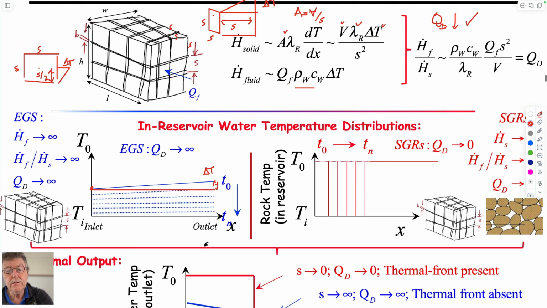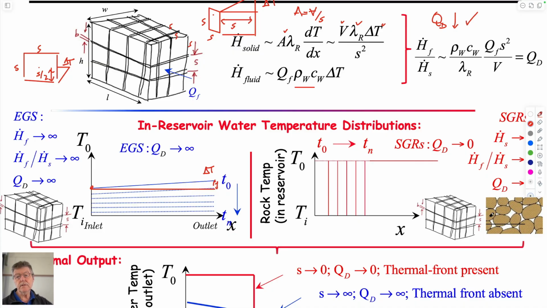If you have a reservoir where the characteristic dimension is so small that QD also becomes very small because the S is in the numerator. You can think of it as being a porous reservoir with the grain diameters being millimeters in size.